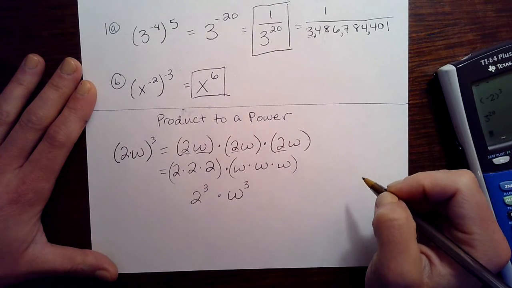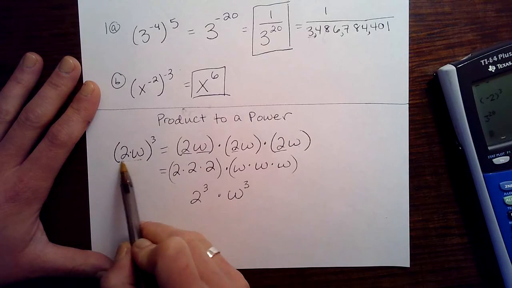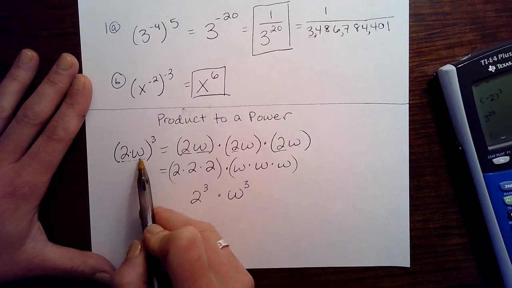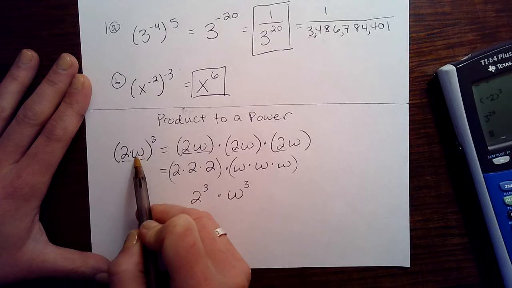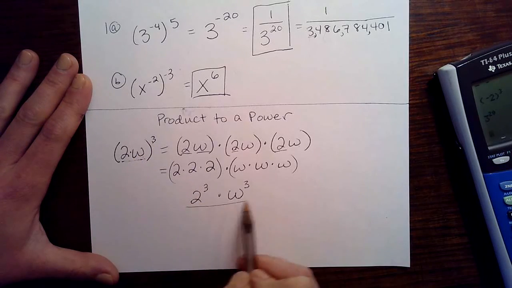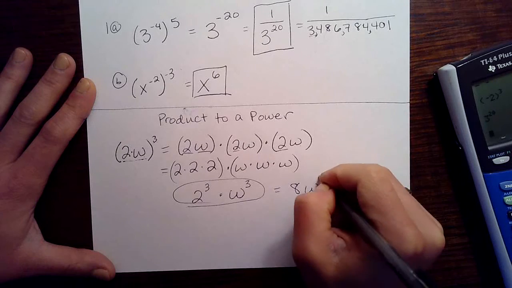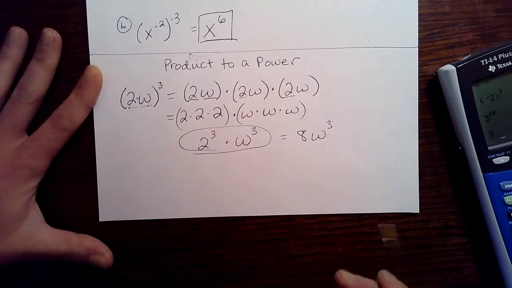So when I multiply or take a product, 2 times w, to a power, I raise each factor to the power, 2 to the third and w to the third. And I simplify. I could rewrite this then as 8w to the third. Let's look at an example where we use multiple rules.